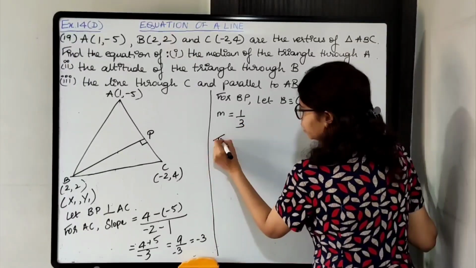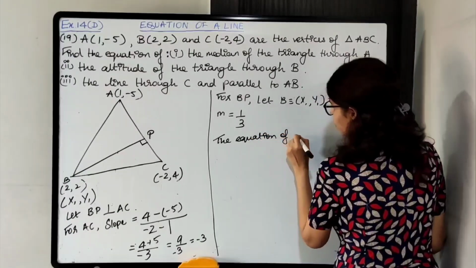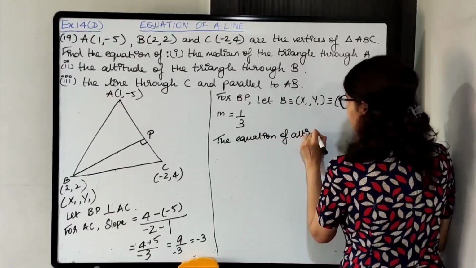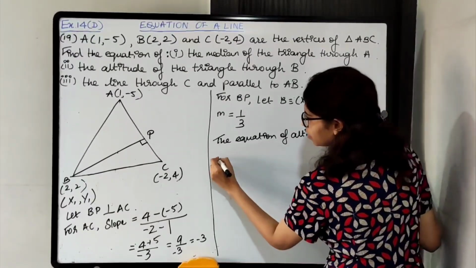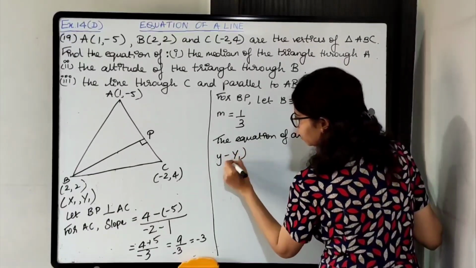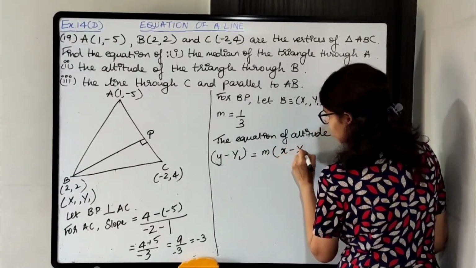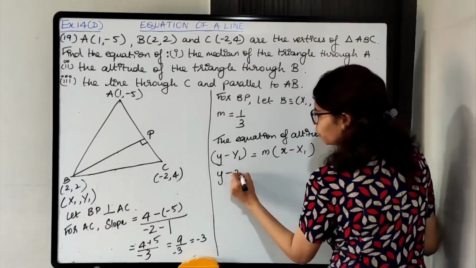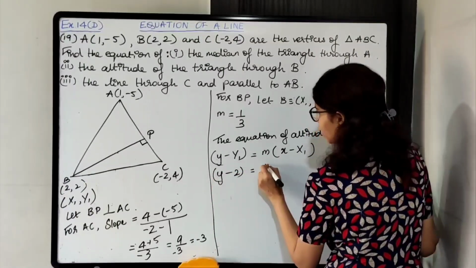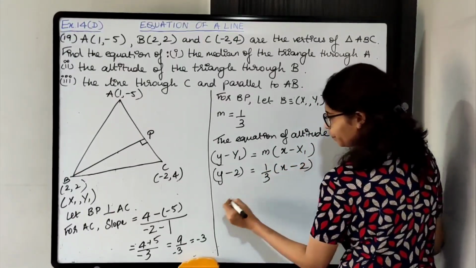So the equation of altitude BP is y minus y1 equals to m into x minus x1. y1 is 2, m is 1 upon 3, x minus x1 is 2.